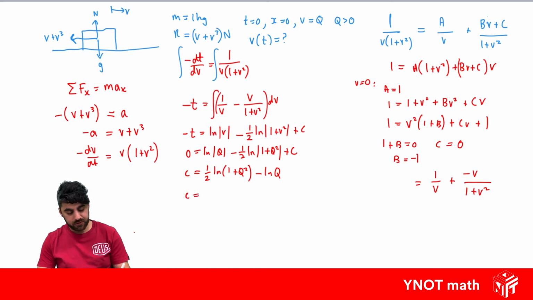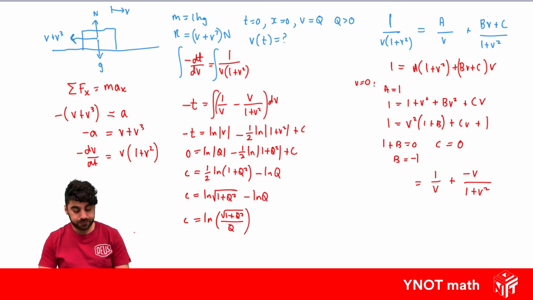So we're going to have c equals the log of the square root of 1 plus q squared minus log q. Then the subtraction of two logs is going to be the log of a quotient. So we're going to have c equals the log of the square root of 1 plus q squared all over q for our constant term.